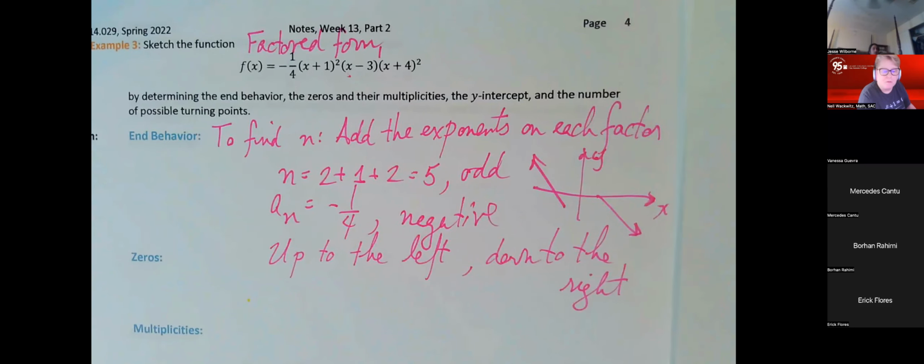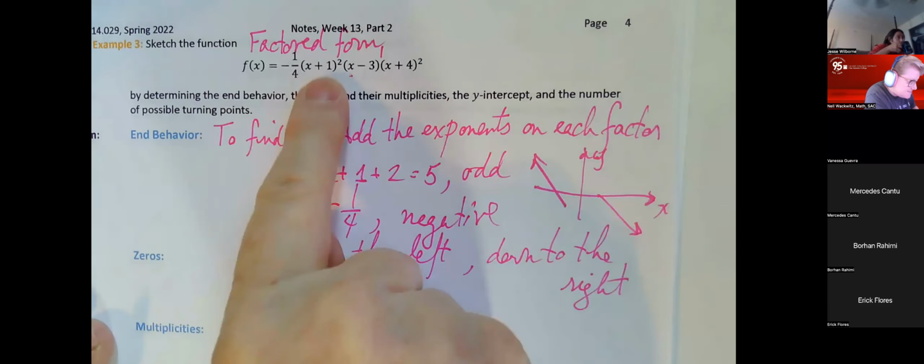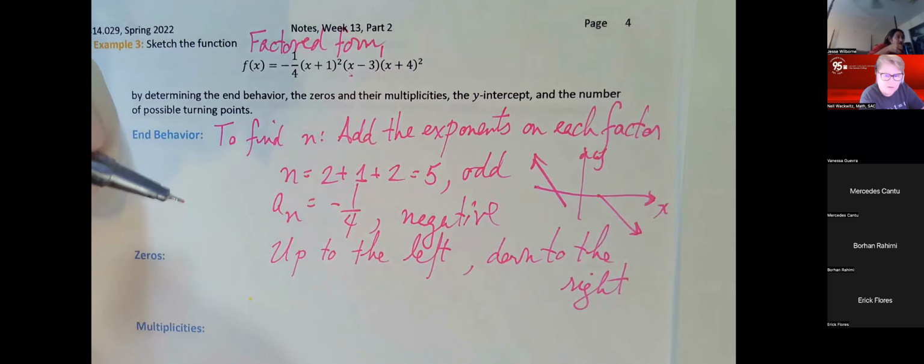In factored form, how do we find the zeros? We make them equal 0. That's right. We're going to set each factor equal to 0 and solve for x.